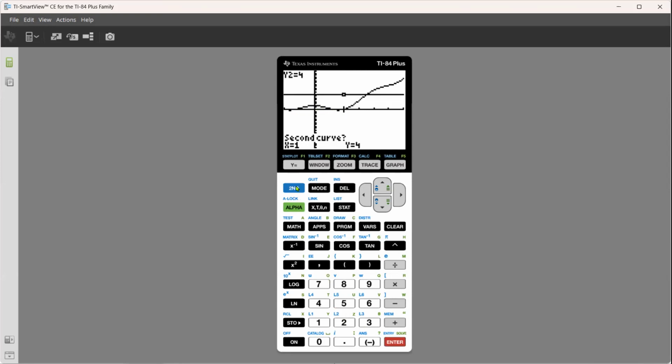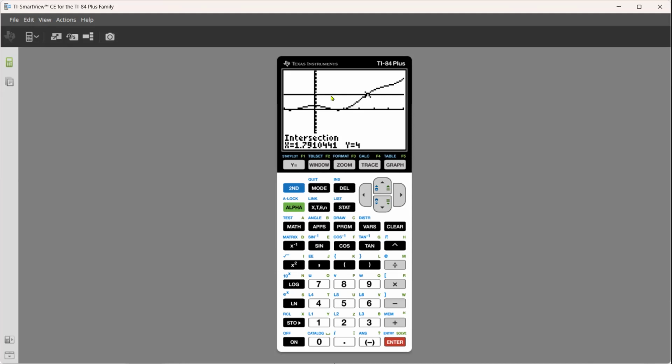Make sure that your cursor is sitting on the second curve, somewhere on the line. You don't have to guess; I just always hit enter and continue. See, it went to the intersection right here. And there's my intersection, 1.79104441. And that's my value of C.